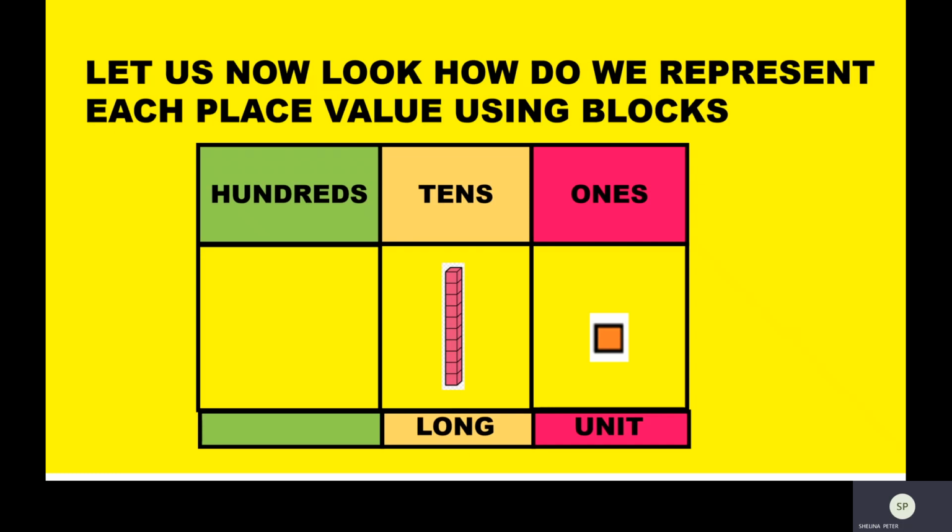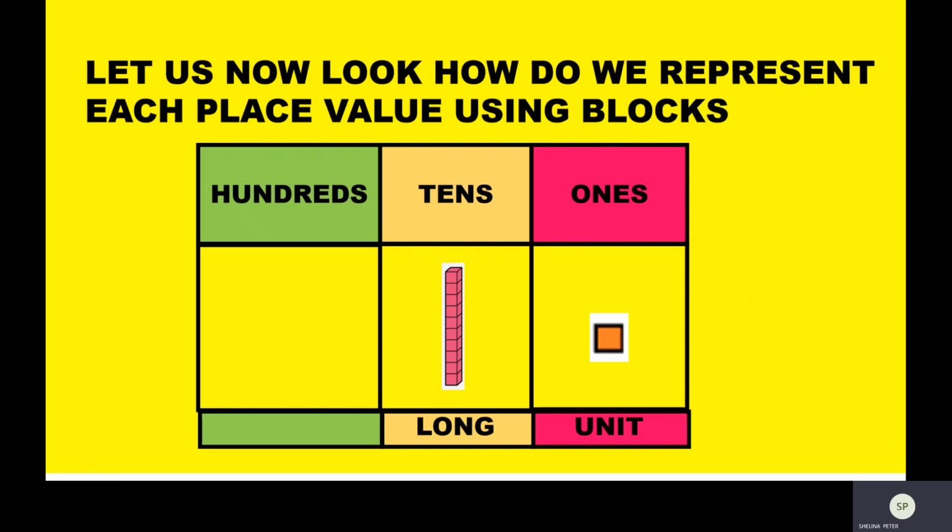Now carefully look here how many boxes are there in this long block. Let us count. 1, 2, 3, 4, 5, 6, 7, 8, 9, 10. So this one long block represents 1 tens. Clear?